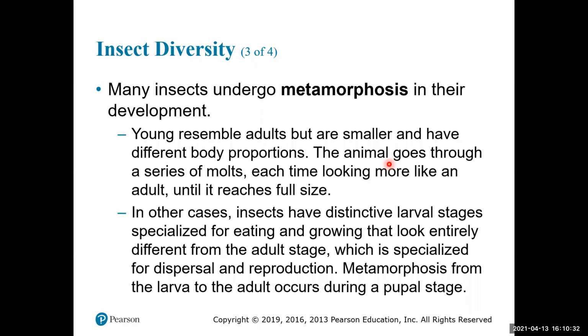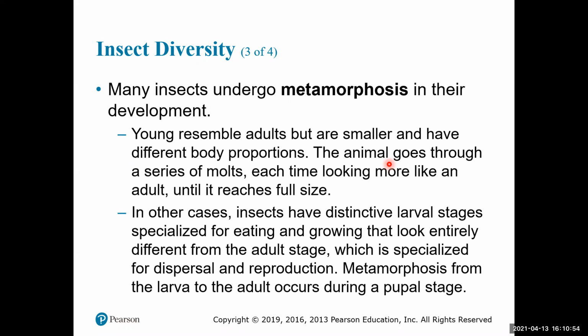And one key characteristic with insects is that they actually undergo a metamorphosis. So the young will have a different physical appearance than their adult form. So they would typically have a larva that will metamorphose into a different adult stage.